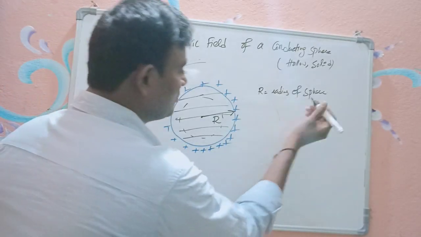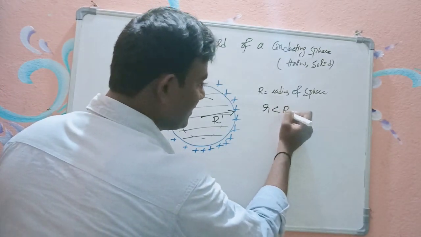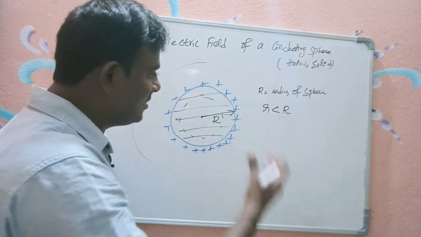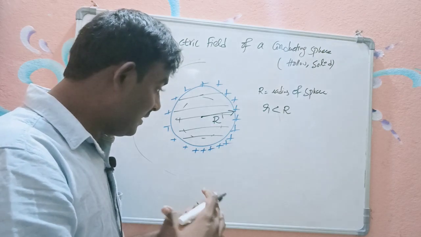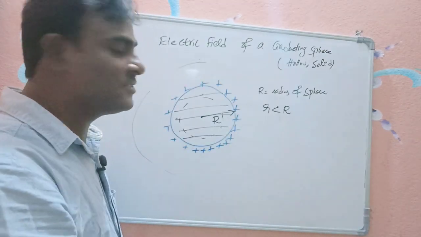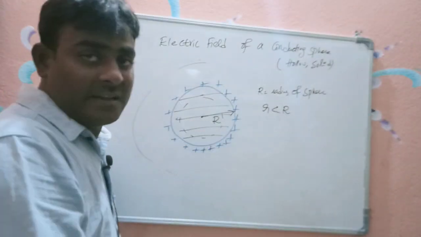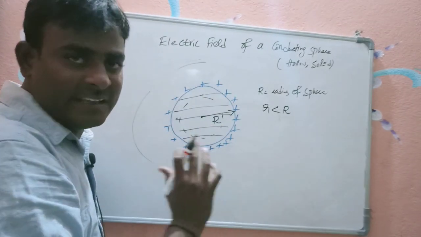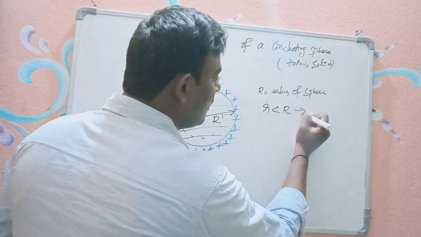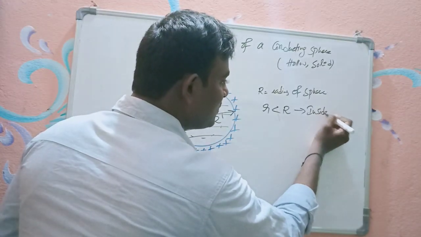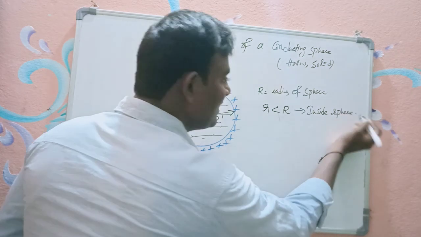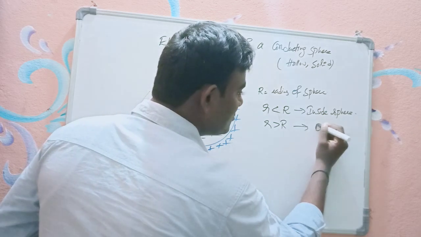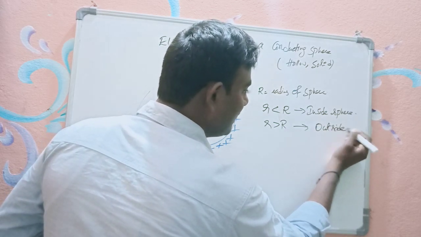The region inside the sphere can be represented with r less than R. Small r is the radius of the spherical region we are considering, and capital R is the fixed radius of the conducting sphere. If r is less than R, we call it inside the sphere or the inside spherical region. If r is greater than R, we call it outside the sphere or the outside spherical region.